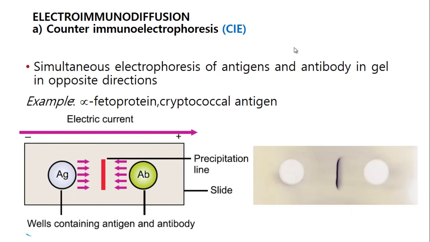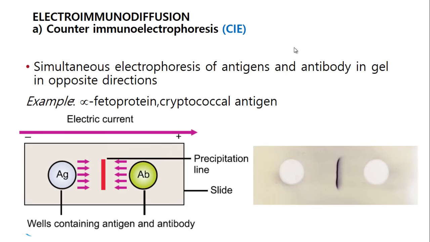Continuing with immunodiffusion used with electric current, we have developed electroimmunodiffusion also, in which there are three techniques. The first technique is counterimmunoelectrophoresis. Here we take a slide, put plain agar gel on it, and cut wells.